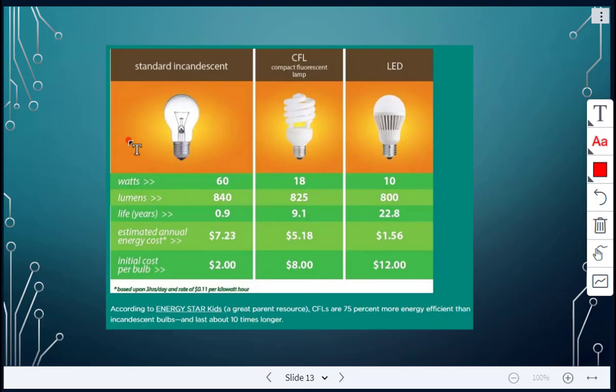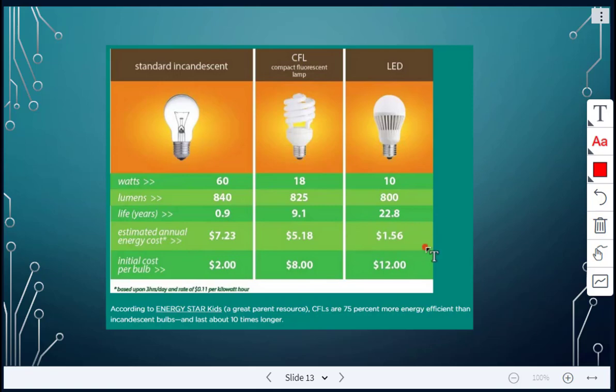Here we can see a comparison of a standard incandescent bulb, a compact fluorescent bulb, and an LED. You can see the watts, the lumens, and the life in years: 0.9 for standard incandescent, 9.1 years for the compact fluorescent, and 22 years for an LED. The energy cost is also very low, only $1.56 for an LED.